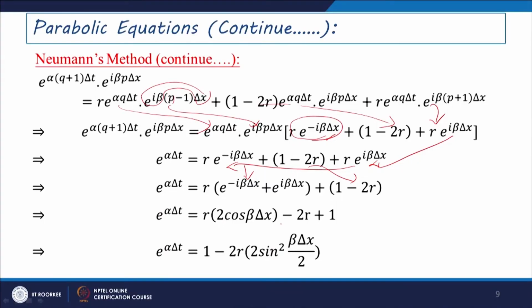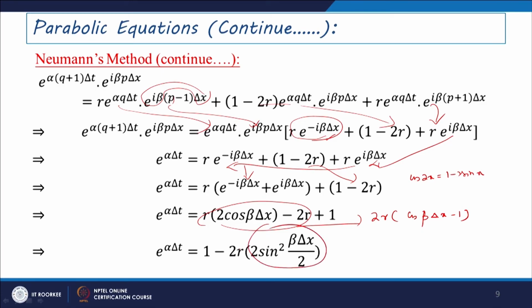Taking 2r common from these two terms, we write 2r into (cos βΔx - 1). Since cos 2x can be expressed as 1 - 2 sin² x, we find this as 1 - 4r sin²(βΔx/2) here.